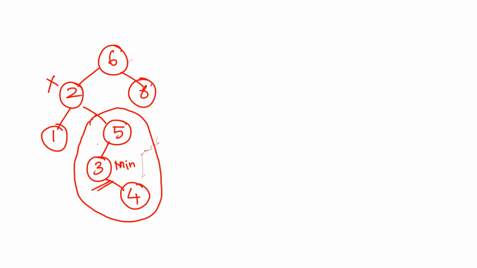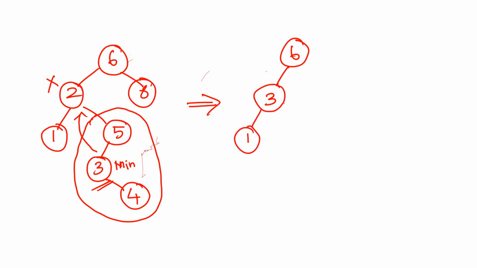So I just need to replace the minimum value with x. I have to detach this from the binary search tree. So how will my new tree be looking? 6. First I need to replace the minimum value in place of x by detaching that from the right subtree, and then 5, and here comes 4.